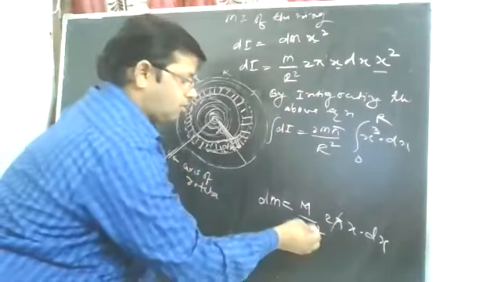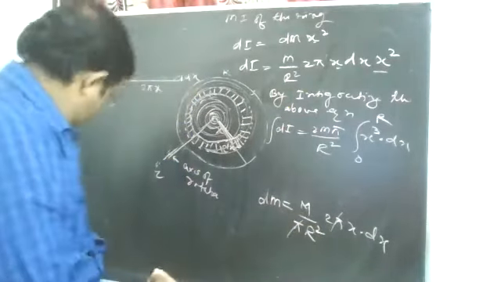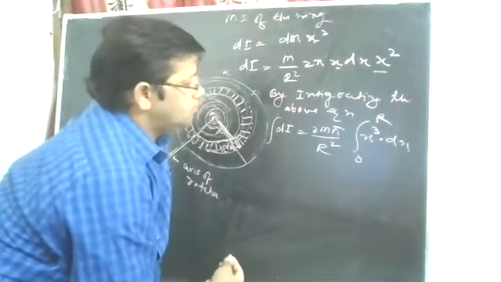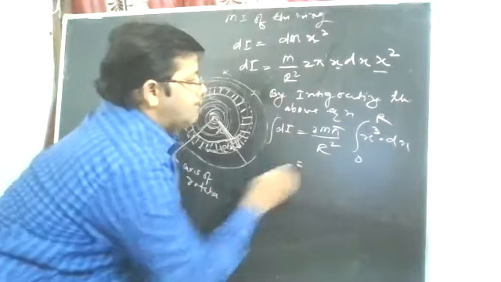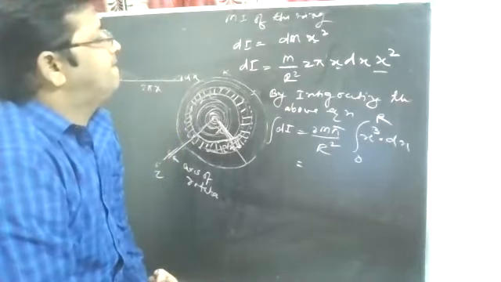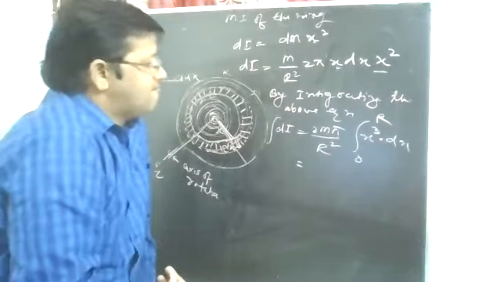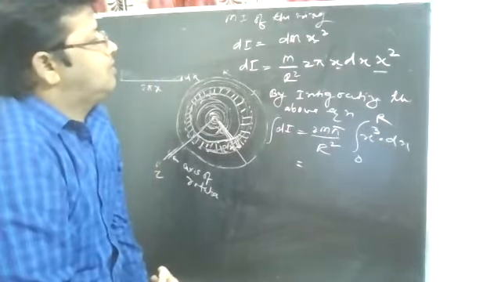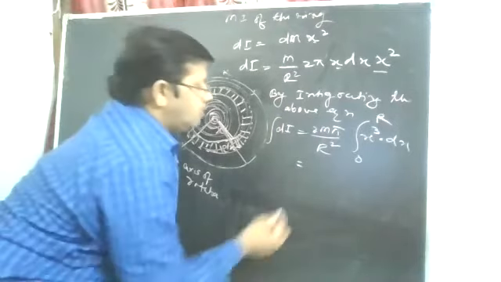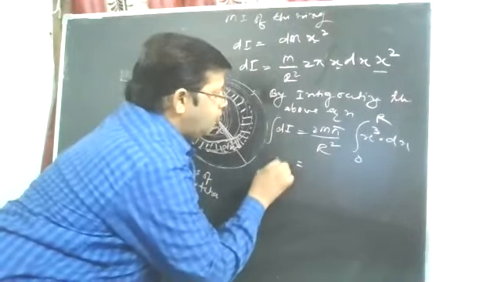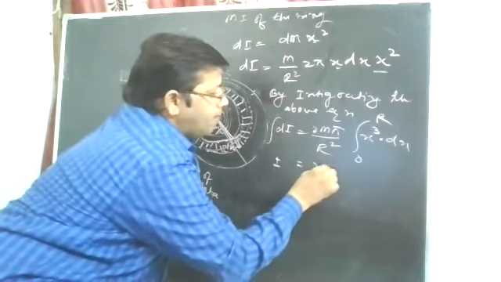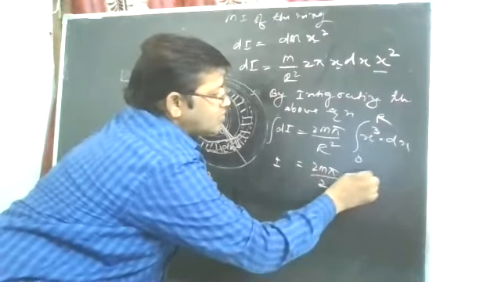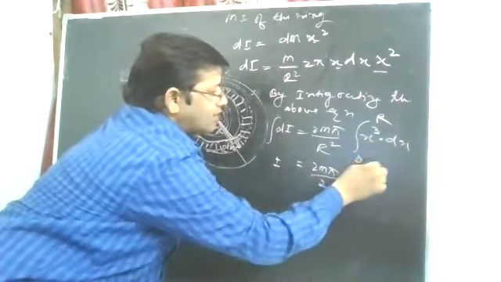Now see here, this is the value of dm. Integrate this equation. What do you get? The integration of dI is I, 2 m pi upon r square, x cube.